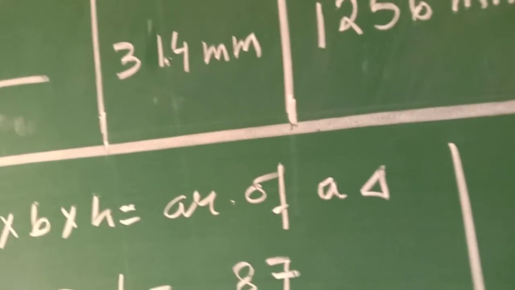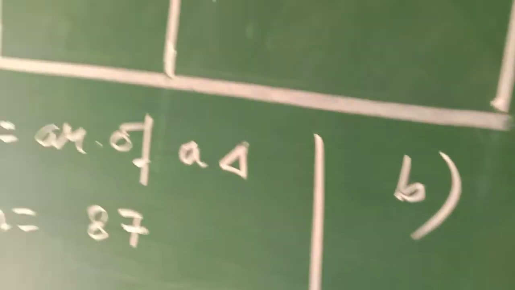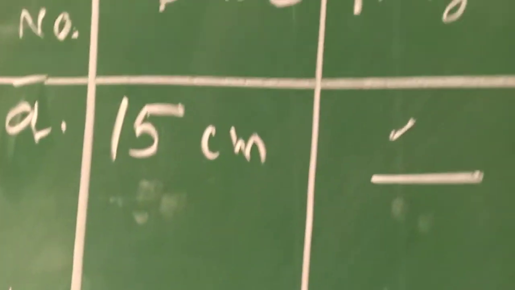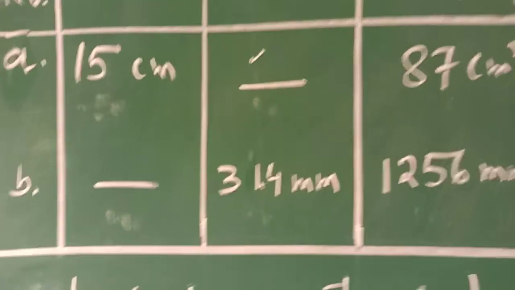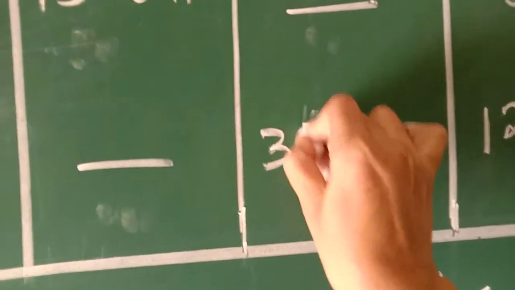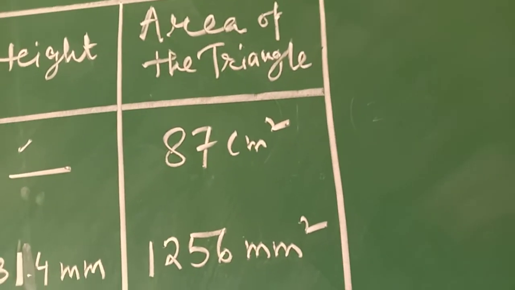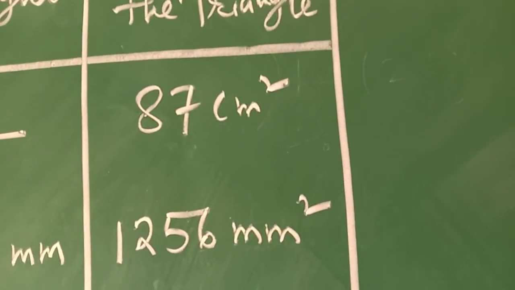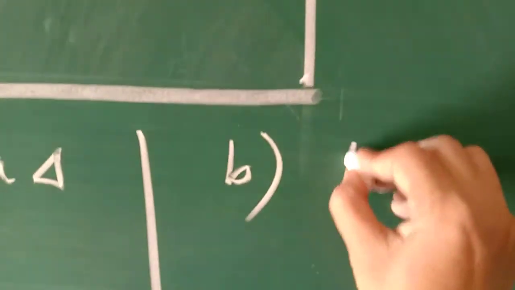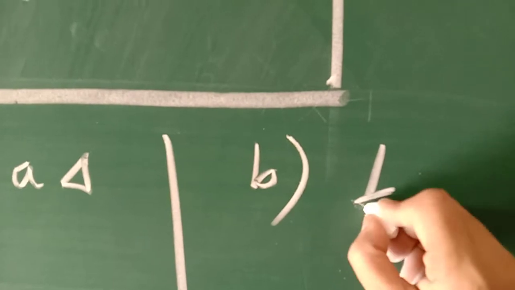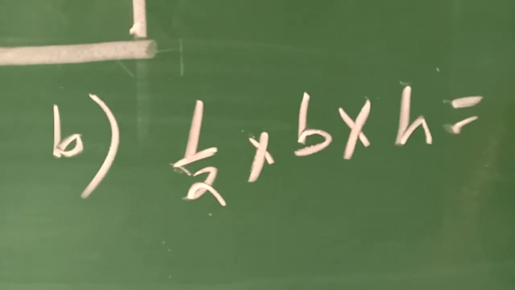Next, question number B. Here see, base is missing, height is given 31.4 and area is given 1256 millimeter square. So in the same way, half into base into height is equal to area of the triangle.